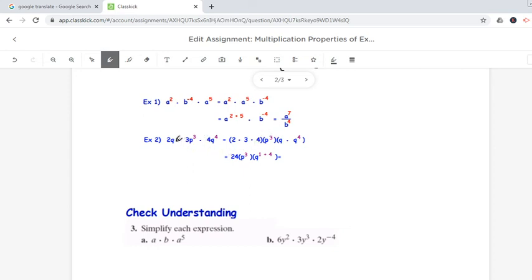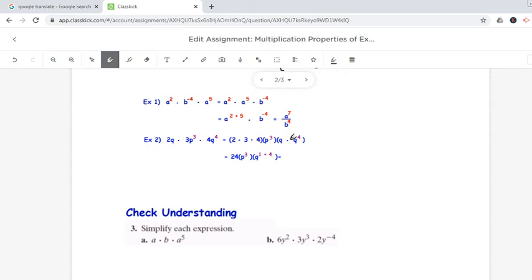And then we put our Q's together. So Q times Q to the 4th. And 2 times 3 is 6. 6 times 4 is 24. And then P to the 3rd.